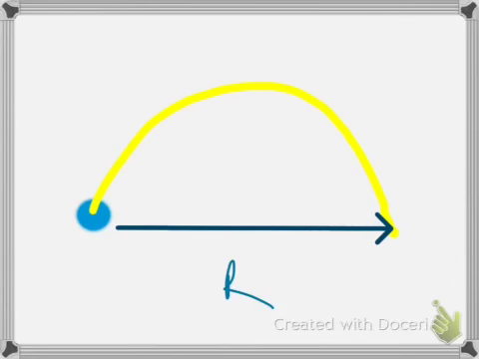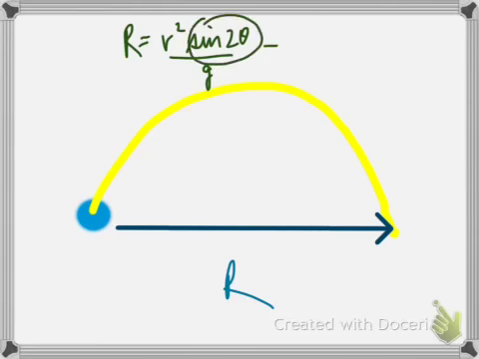And this maximum range can be easily found if sine 2 theta is equal to 1. We know the range is equal to v square sine of 2 theta by g. Therefore sine 2 theta has to be equal to 1, and that is only possible if 2 theta is equal to 90 degree in the range theta equal to 0 to 90 degree. Then from here we have theta equal to 45 degree.